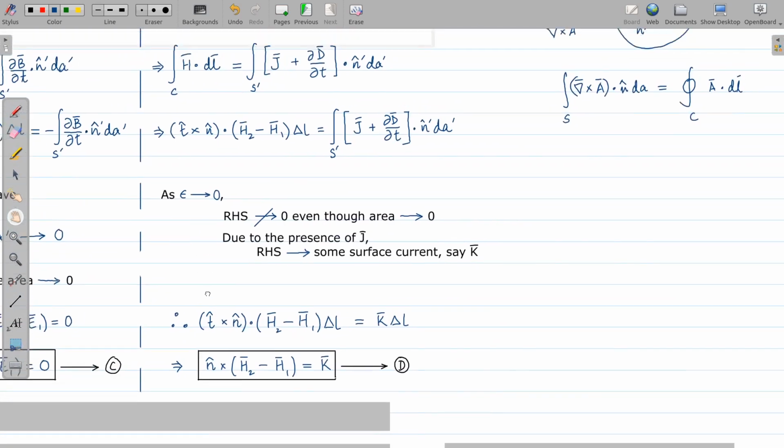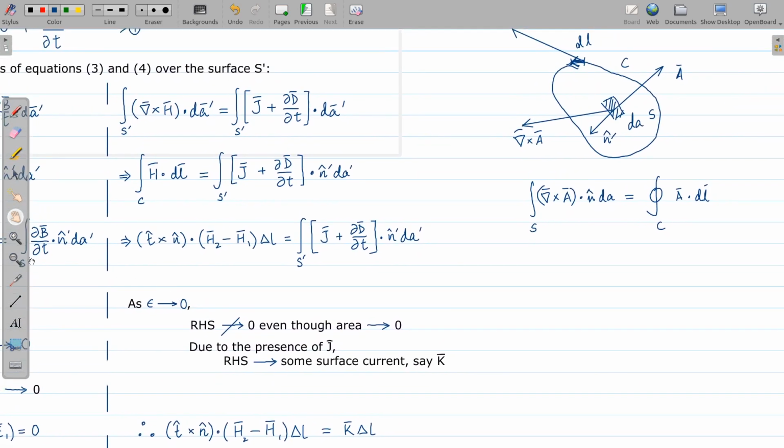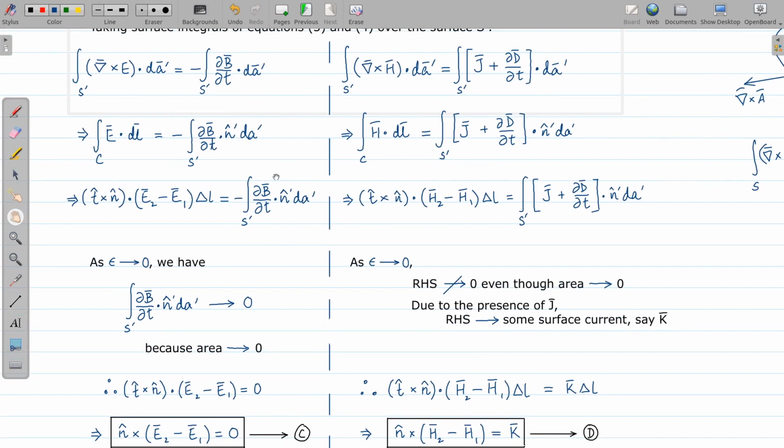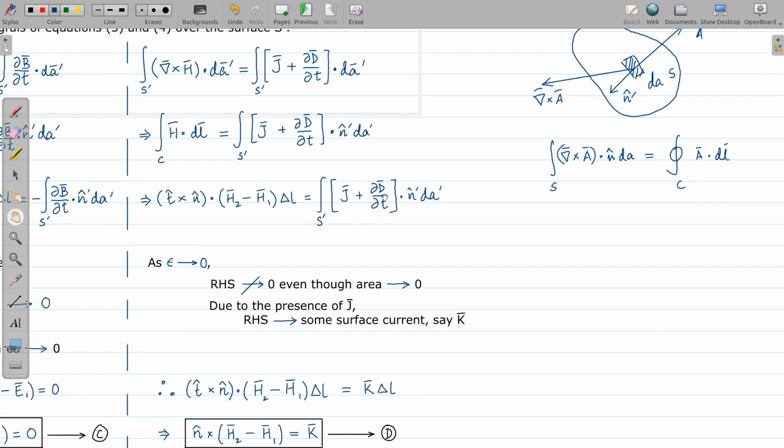Now again, as epsilon tends to 0, unlike in this case where there was a single surface integral and it tends towards 0, here the same thing is not going to happen. The surface integral is not going to tend towards 0, even though the area is tending towards 0.